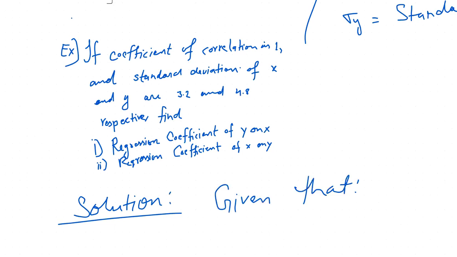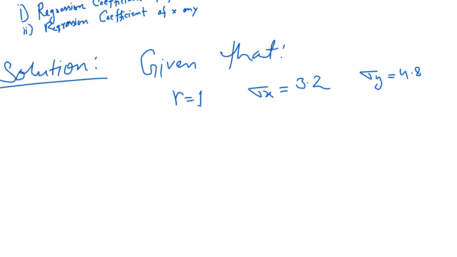Given that r is equal to 1, sigma x is equal to 3.2, and sigma y is equal to 4.8. Now we need to find bxy and byx. So byx is equal to r into sigma y over sigma x. r is 1 into sigma y is 4.8 and sigma x is 3.2.